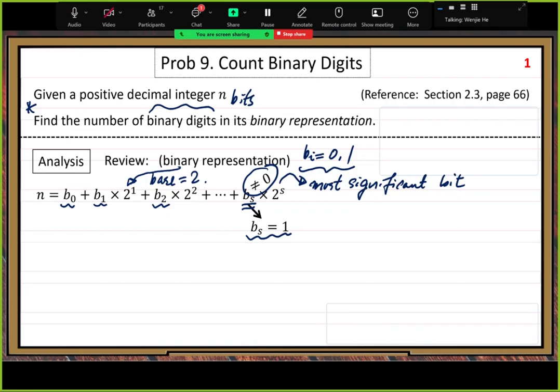Because that's the number of bits. So the number of b coefficients is the same as the number of bits. So we can write the answer as S plus 1. But that cannot be our final answer, because here we use S. Our final answer should be in terms of n, not S.